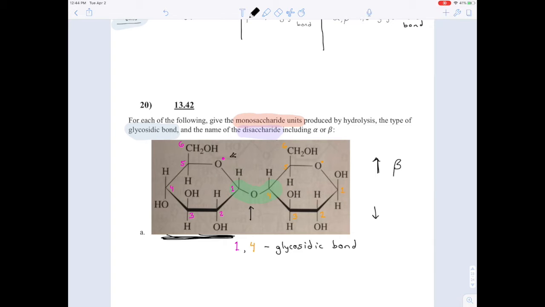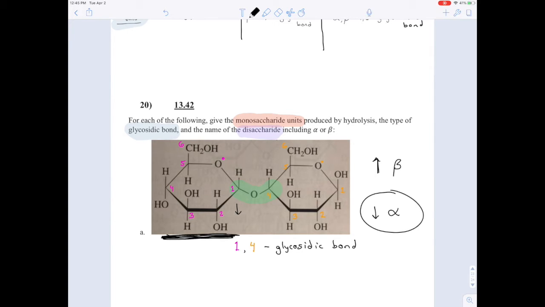If it attacked from the top, then the O goes down, and you have an alpha isomer. The word isomer just means two structures arranged differently in space. In this glycosidic bond, you can see that this oxygen is going down relative to the ring on the left.